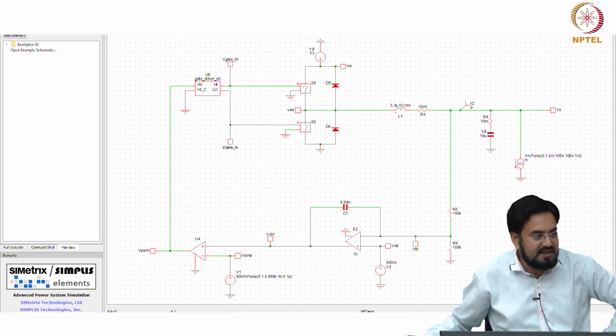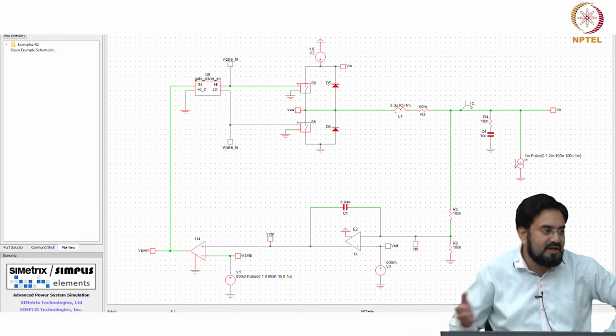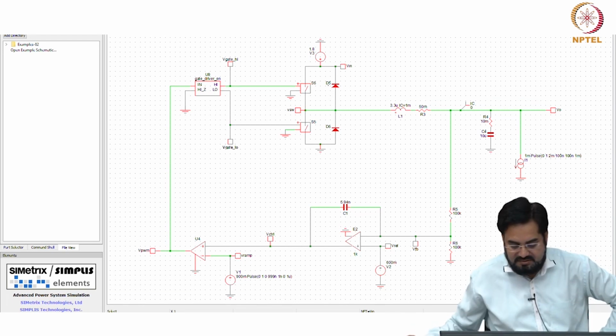So whenever you are using an ideal switch, make sure you connect in parallel, and this is nothing but the body diode of your MOSFET, so that you allow this diode to conduct.